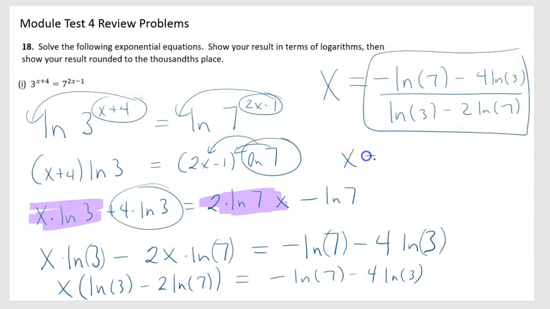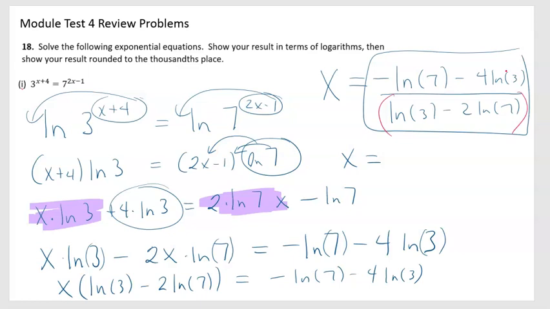Then when I type that in my calculator, I'm going to do negative and then have natural log 7, close out the parentheses, minus 4, then I have natural log of 3, close out the parentheses. Go ahead and enter that in your calculator. By the way, it's negative 6.34. Divided by, now look, you're going to have to put a big set of parentheses around this entire denominator so you can divide all of that numerator by those two terms.